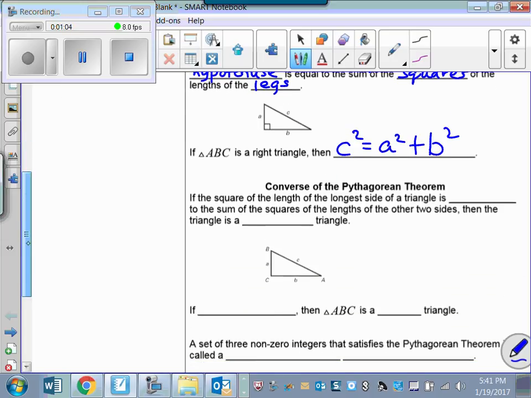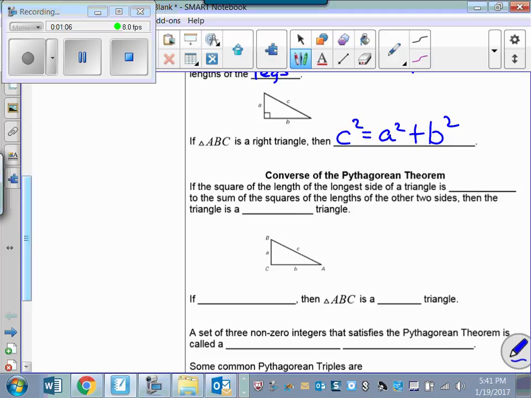What you probably didn't know is that there is a converse to this theorem. The converse says, if the square of the length of the longest side of a triangle is equal to the sum of the squares of the lengths of the other two sides, then the triangle is a right triangle.